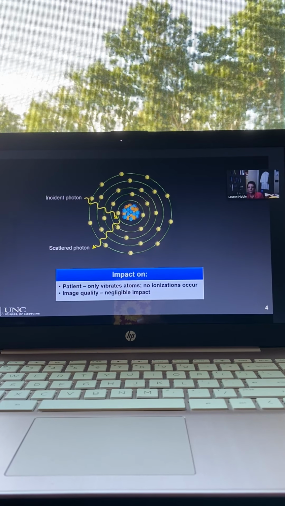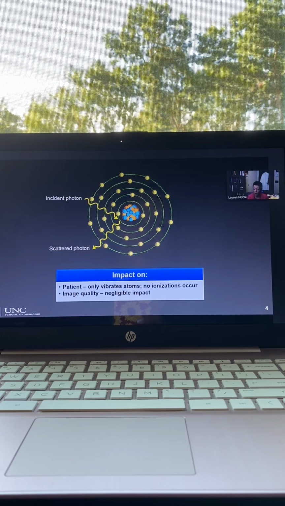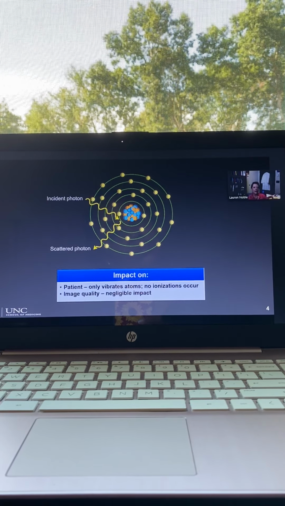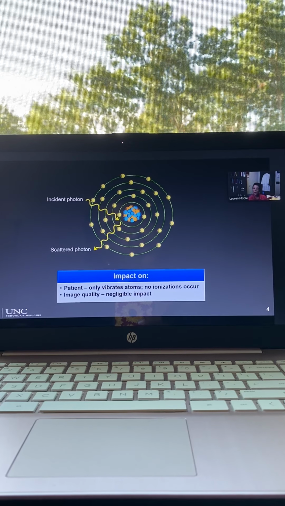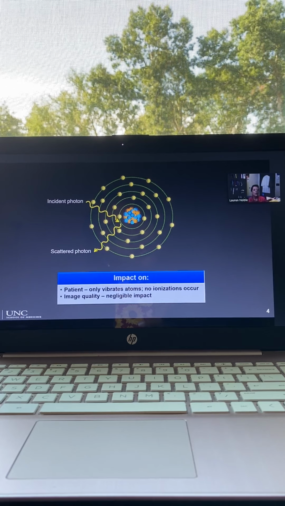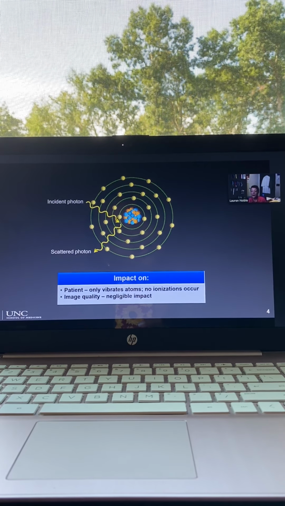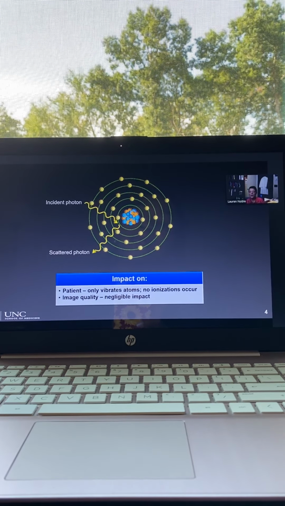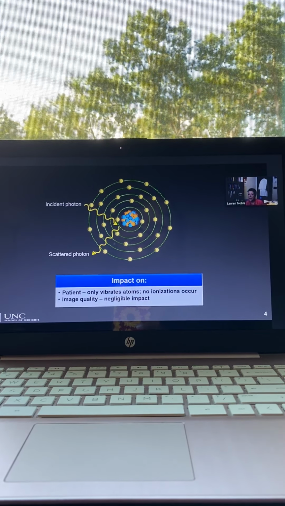We talked about low energy photons when we looked at the electromagnetic spectrum. Photons like radio waves and microwaves don't have enough energy to ionize atoms. Remember when we talked about that? But they could cause atoms to heat up.